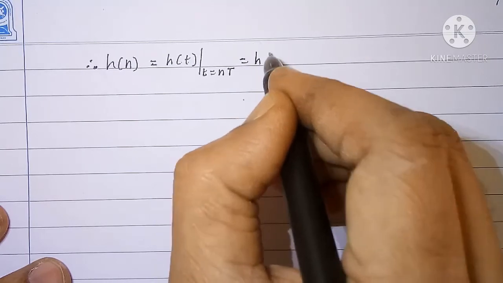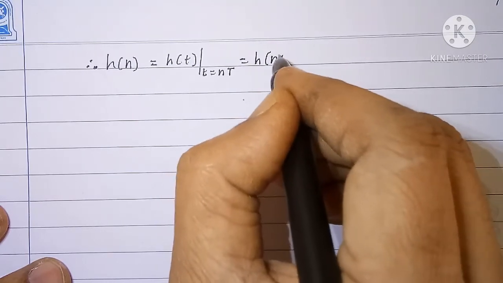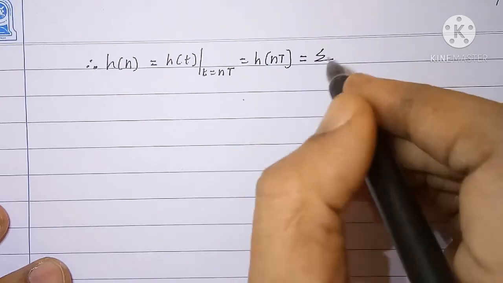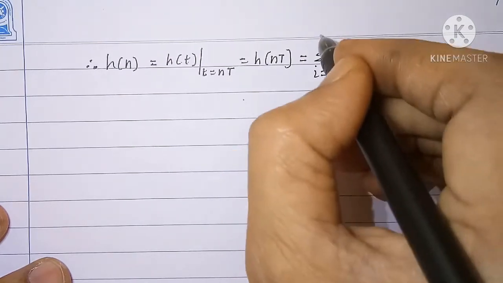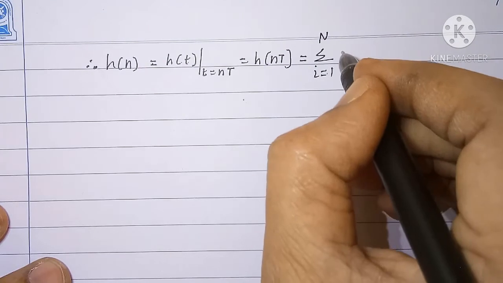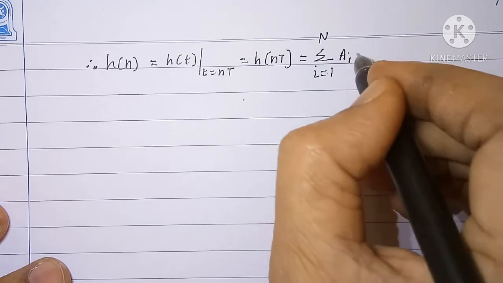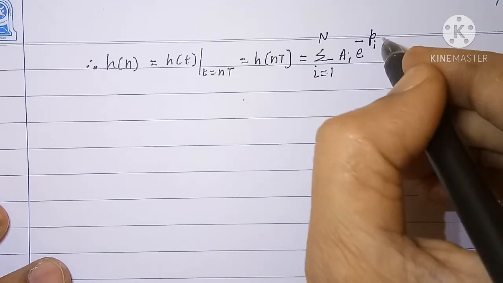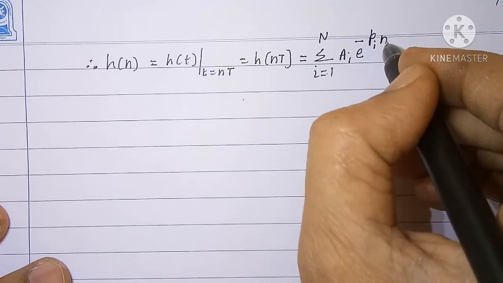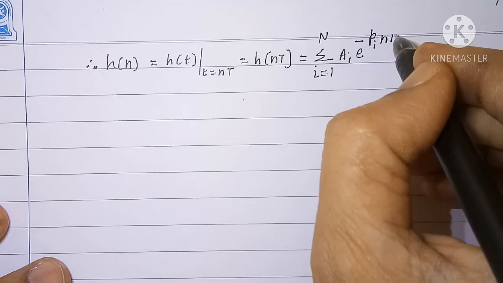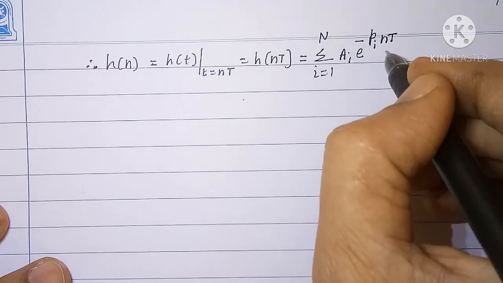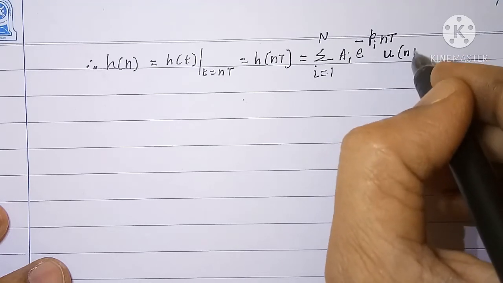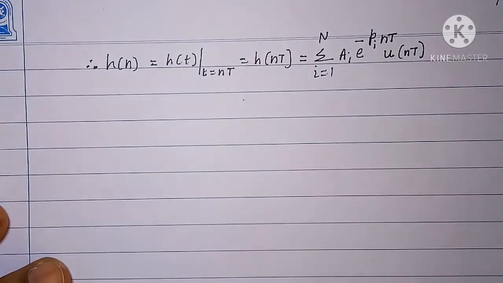equal to h of n into T, that is equal to summation i equal to 1 to capital N ai into e raised to minus pi. Here we had small t, now we will write this as small n into capital T into u of nT.